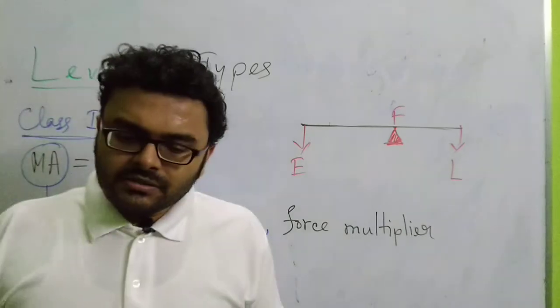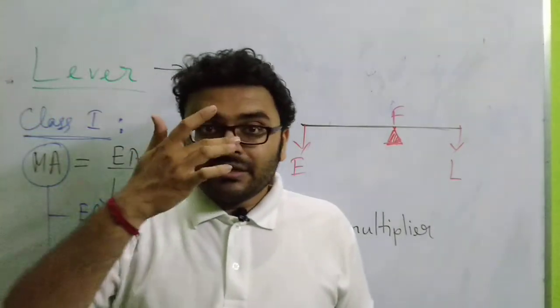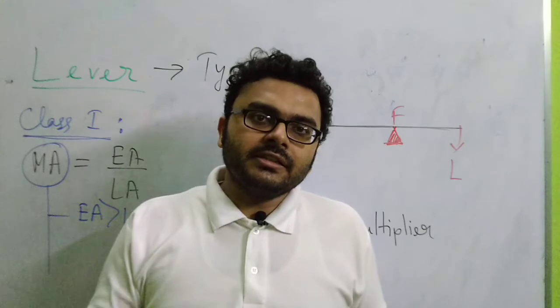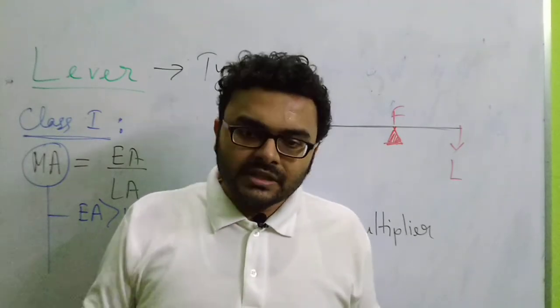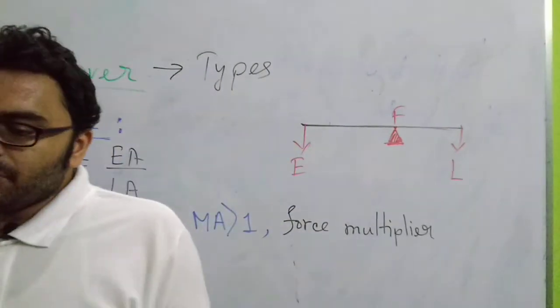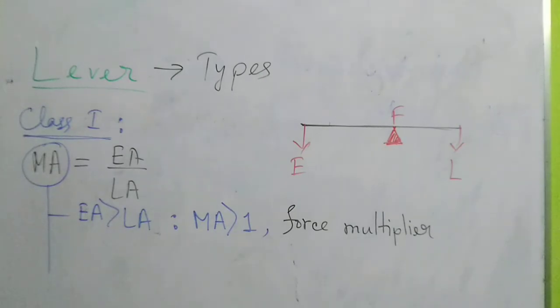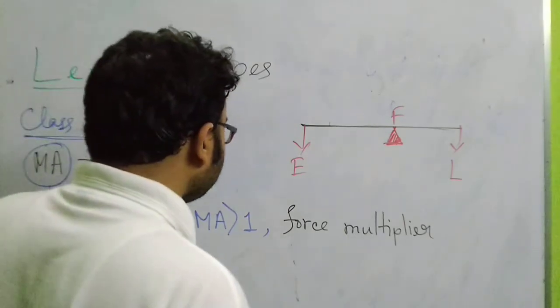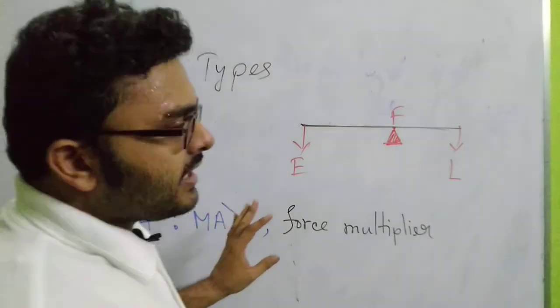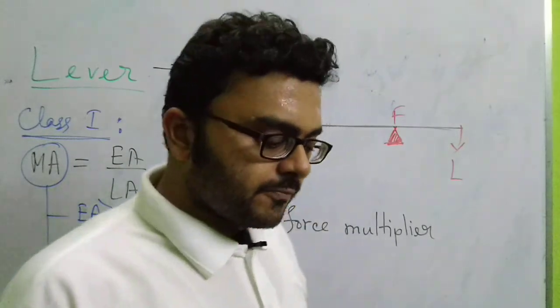I think you have all seen those big scissors used for cutting the stems of plants. In the garden, the gardeners generally use those big scissors which have a long handle. The handle is long, but the blade is shorter. In that case, effort arm is longer than the load arm, mechanical advantage is greater than 1, and that kind of scissor acts as a force multiplier.